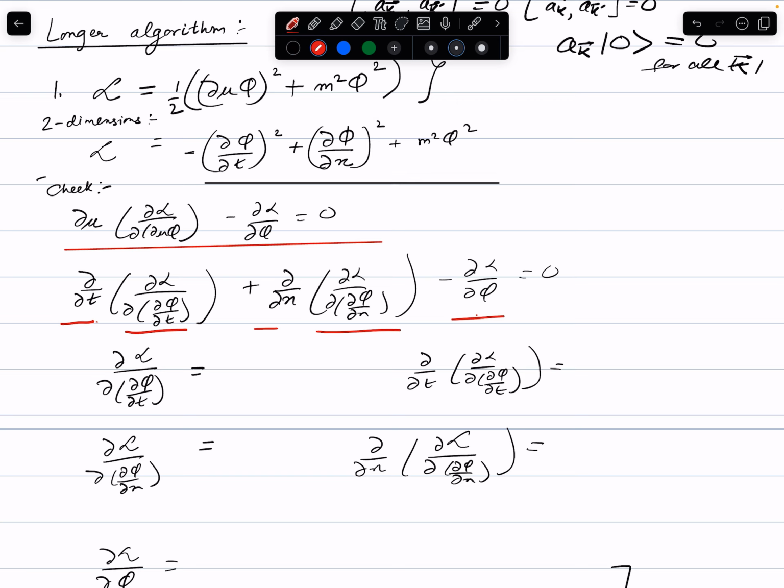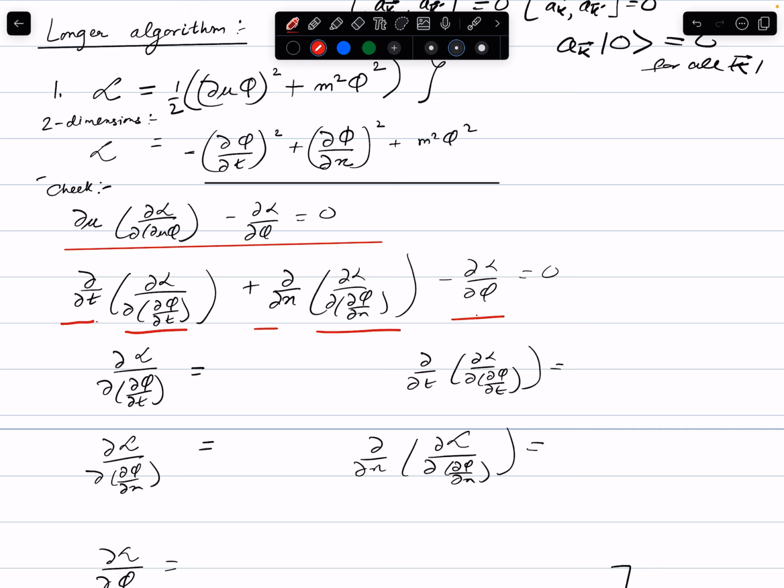So let's evaluate first del L over del of del phi del t. So what is that? If I take the derivative of this with respect to del phi del t, what will be the term I get here? Okay, I'm expecting someone from you to answer this one.